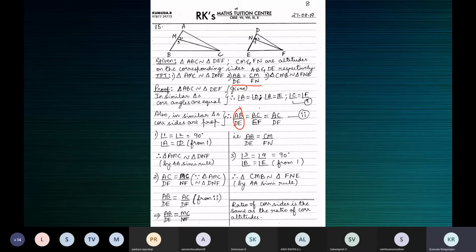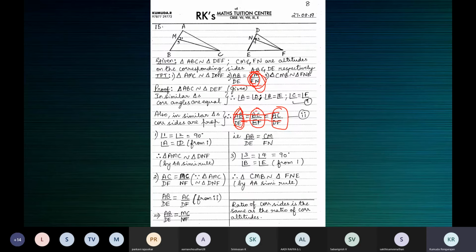If you can't get this directly, you can prove BC by EF is equal to CM by FN, or you can also prove that AC by DF is equal to CM by FN. But since all these three ratios are the same, all three are equal to CM by FN.